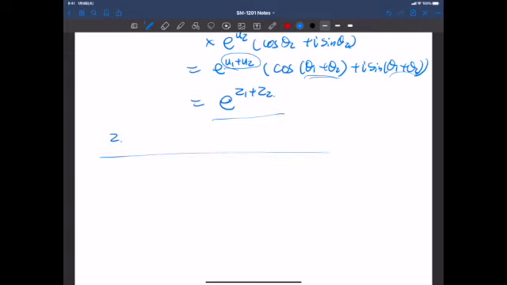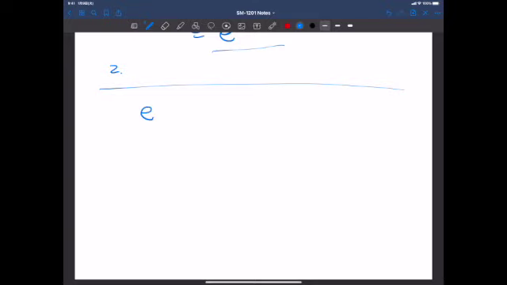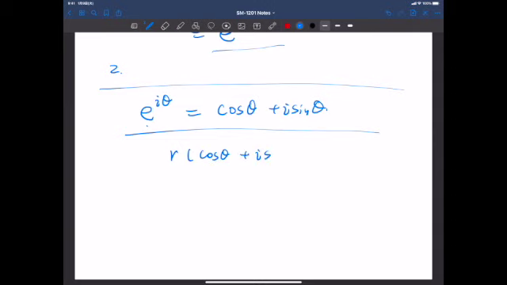Okay, now let's go back to the polar form again. So first of all, we have this. If theta is a real number, exponential of i theta should be cosine theta plus i sine theta, by the definition of this exponential function in the complex domain. Okay, so if we have any complex number with the polar form r times cosine theta plus i sine theta, then this is the same as r times exponential of i theta.